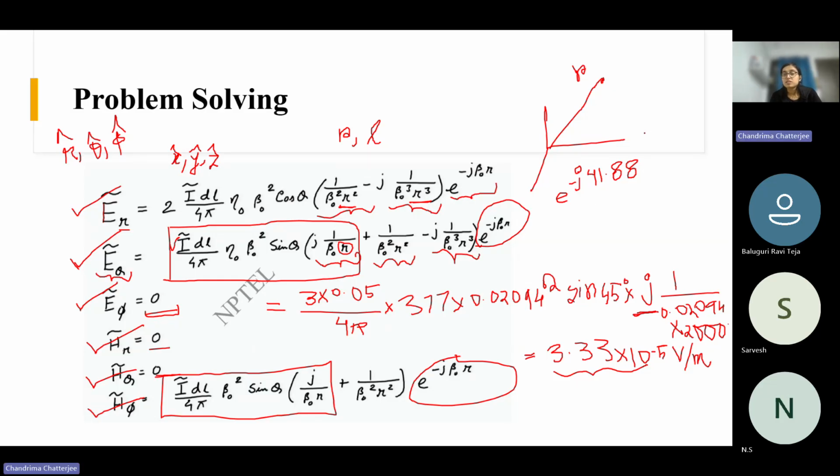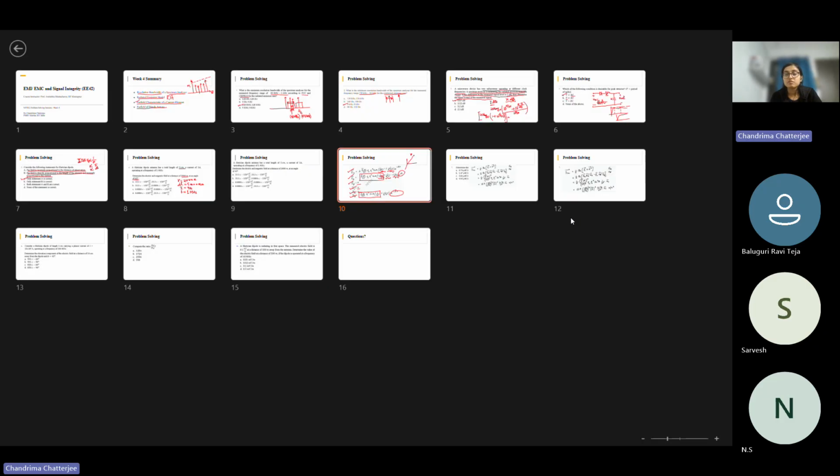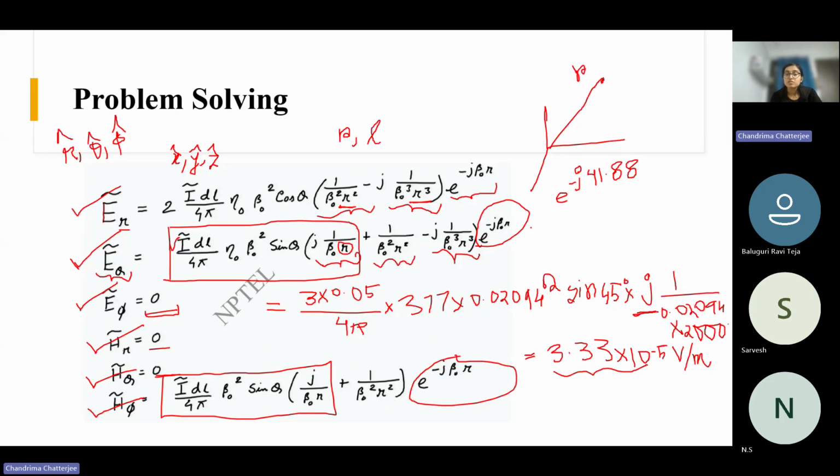Okay, but I think it is better that we do it finally when we get it. So this is one, and j we can write as e to the power j pi by 2.